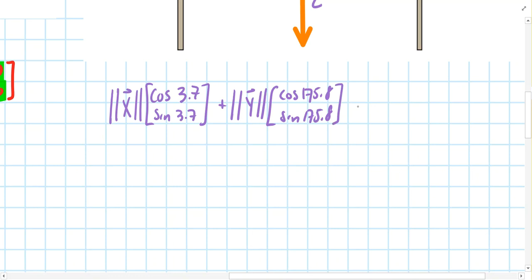And those 2 vectors must also be added with the magnitude of Z, which we know to be 150 pounds.